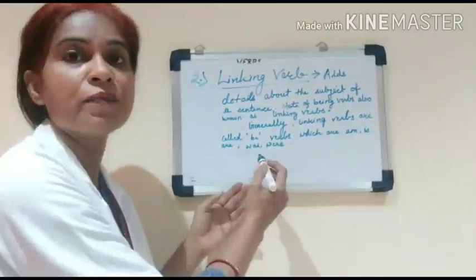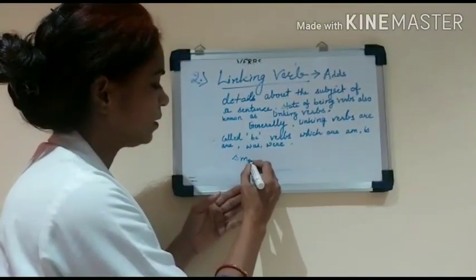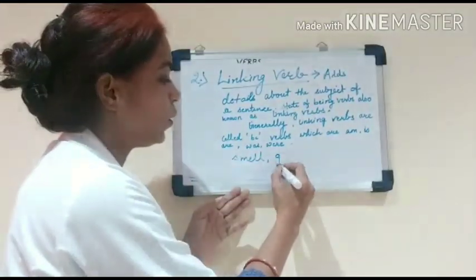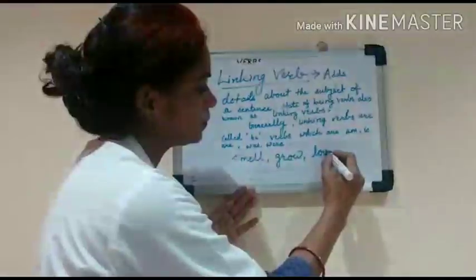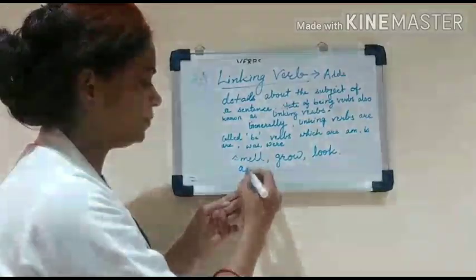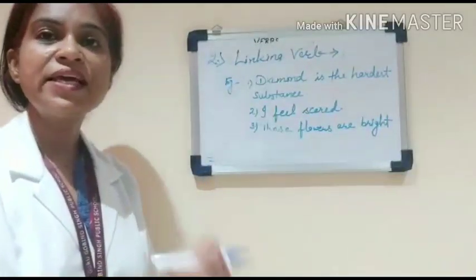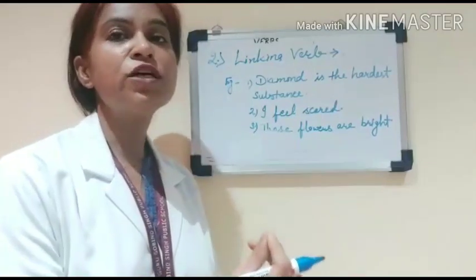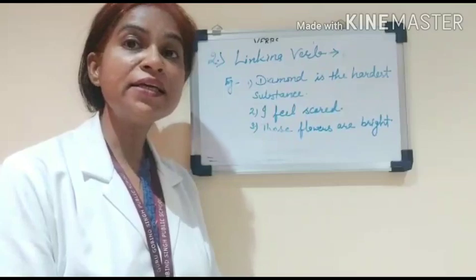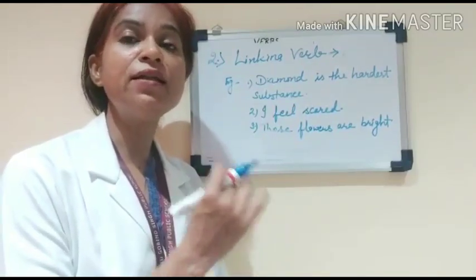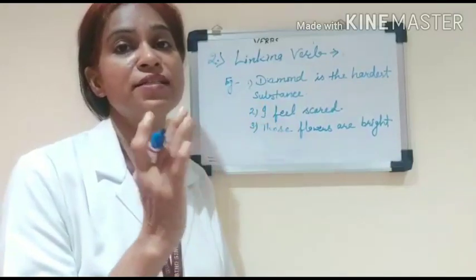Those verbs are smell, grow, look, appear. State of being verbs, also known as linking verbs. Linking verbs explain a link to the subject of the sentence.